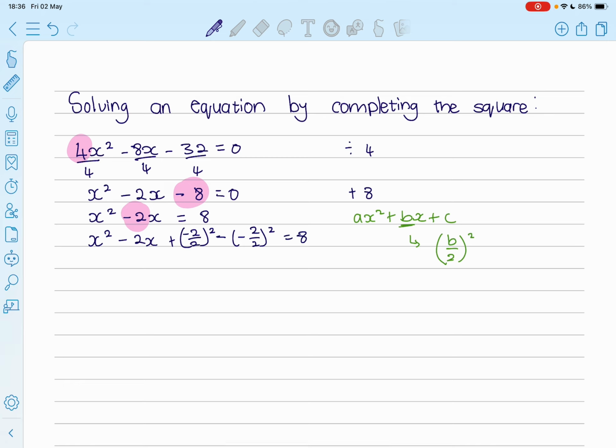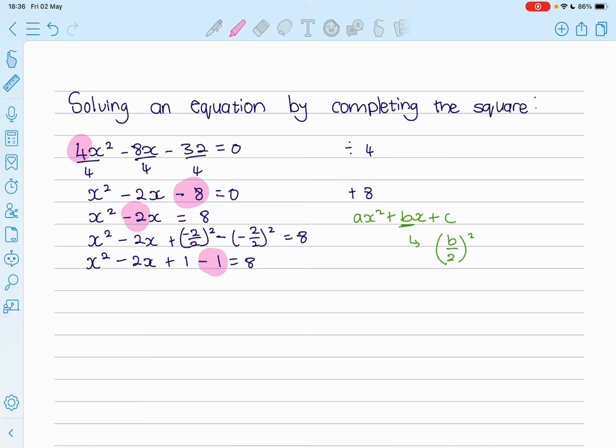Now we're going to simplify. So x squared minus 2x plus negative 2 divided by 2 is negative 1, squared is just positive 1. Here we have minus 1 being equal to 8. Now, you do not rush into subtracting these so that it's 0.